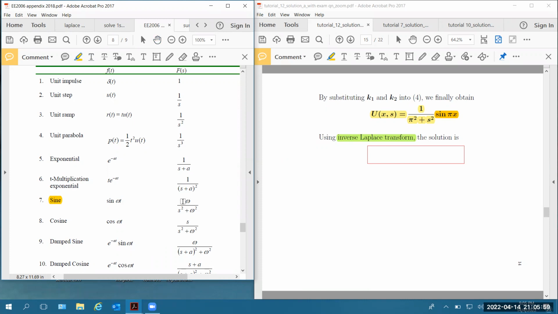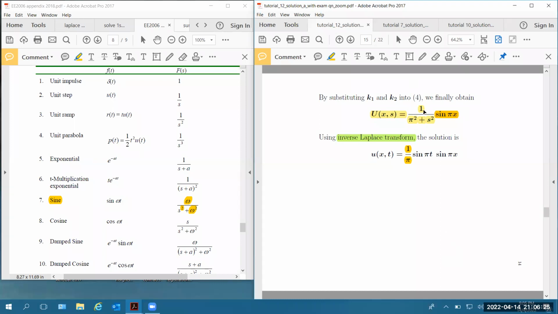Because you see here, you get this one. Of course, the numerator here is omega: omega over s squared plus omega squared. So it fits in very nicely. You just need a pi on top, right? Your omega actually is pi. So if you need a pi on top, then you divide by pi outside, so that's why you see I get a 1 over pi.